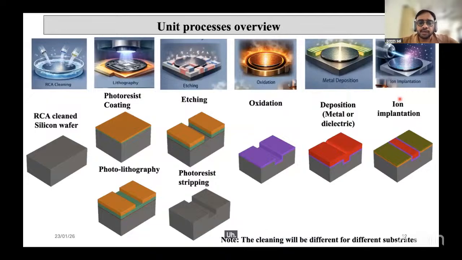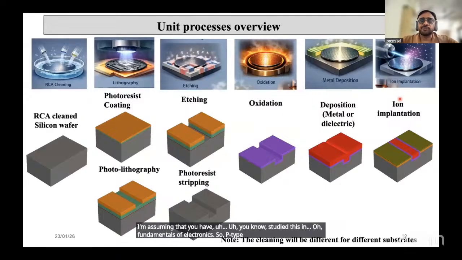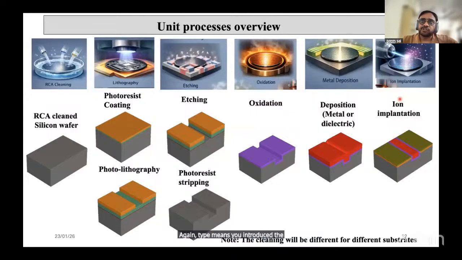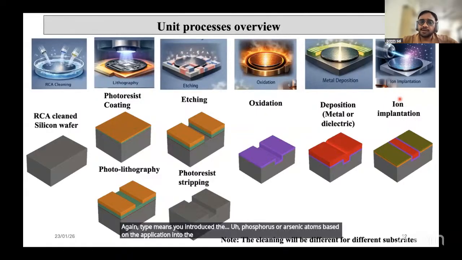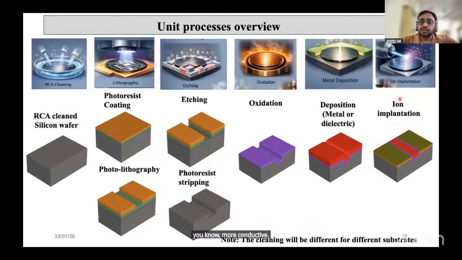I'm assuming that you have studied this in fundamentals of electronics. P-type means you introduce boron atoms into the silicon. N-type means you introduce phosphorus or arsenic atoms, based on the application, and make it more conductive.